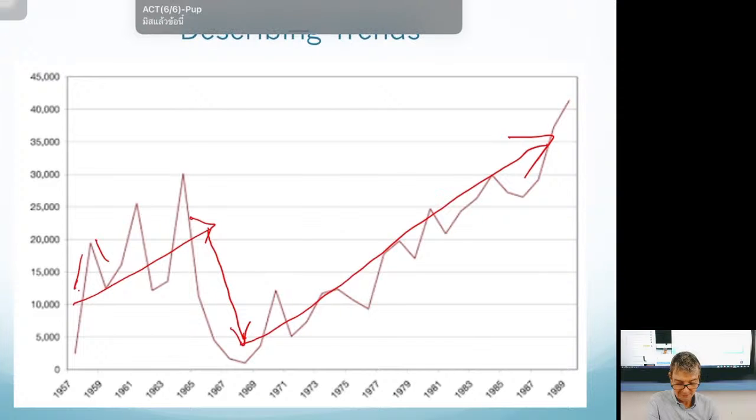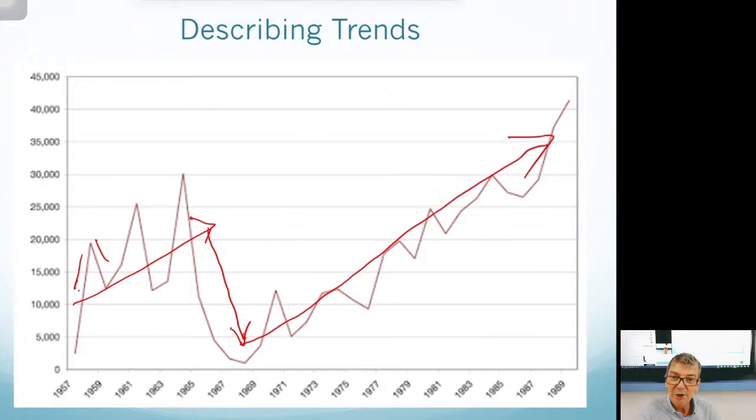Okay. So instead of saying it goes up, it goes down, it goes up, it goes down again, you need to be a little bit more specific or use more precise language. So we're going to look at specific vocabulary related to graphs and charts, but graphs in particular.